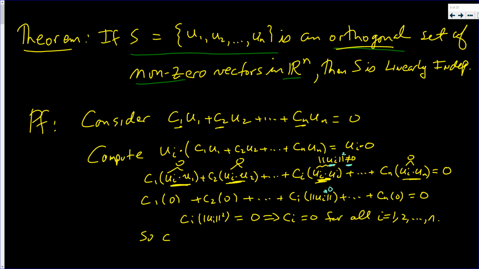So c1 equals c2 all the way down to cn equals 0. Hence, S is a linearly independent set of vectors. And that completes this proof. All I did was use the definition.